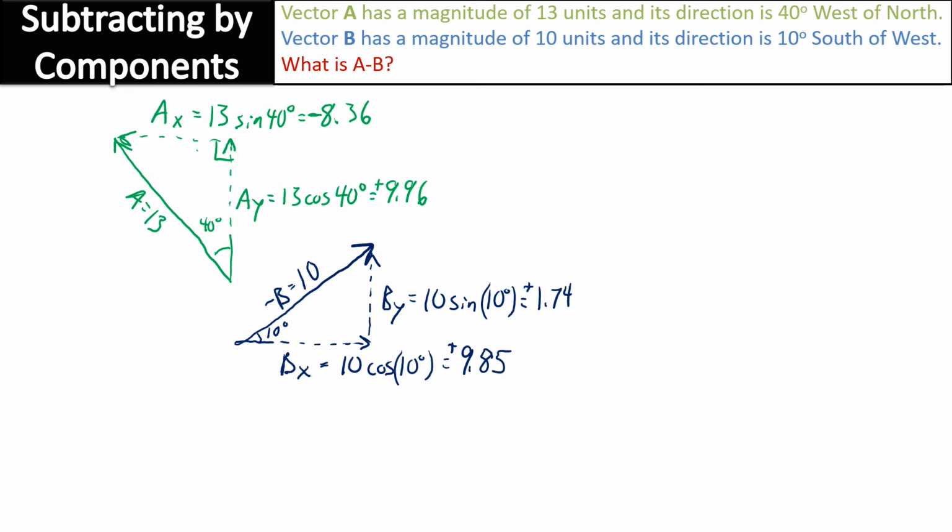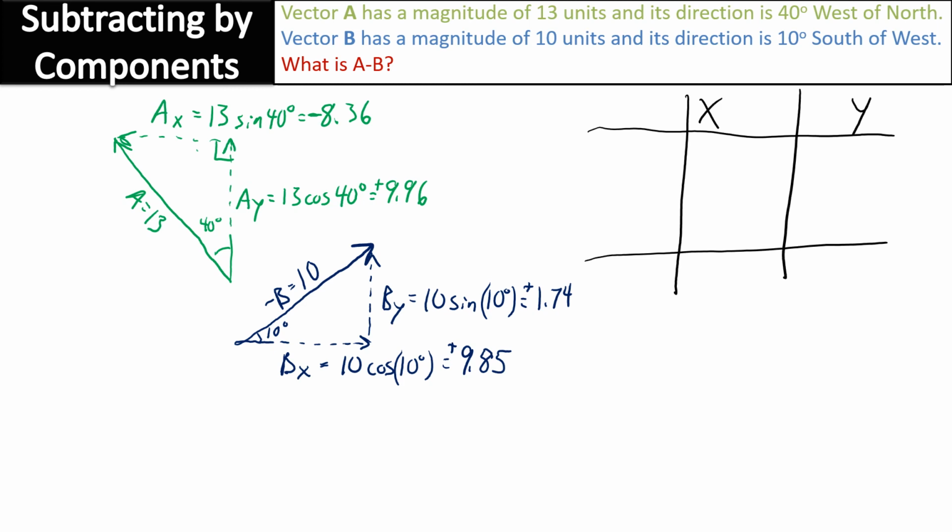And now I'm ready to make my XY chart. I'll plug in my values for A. So AX was negative 8.36, and AY was positive 9.96. For B, we have BX is positive 9.85 and BY is positive 1.74.